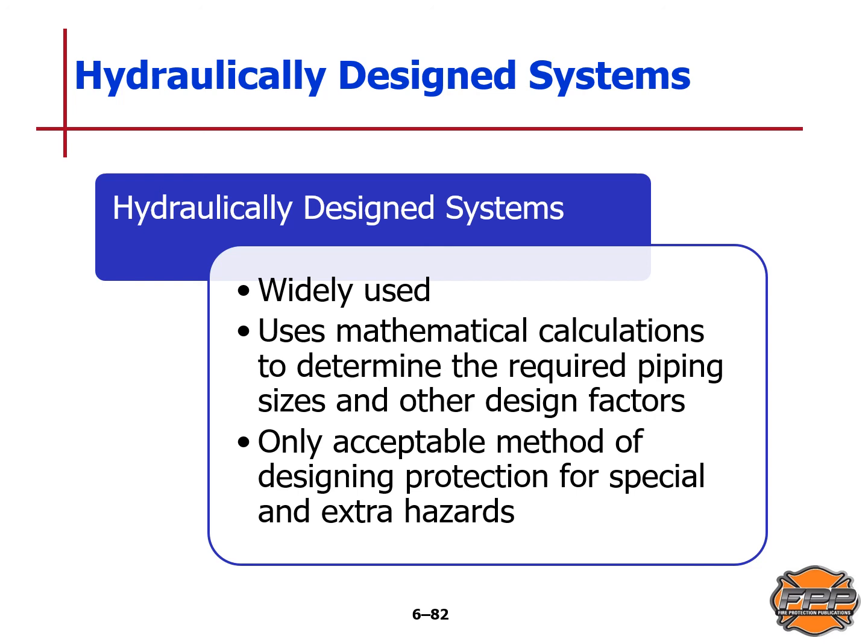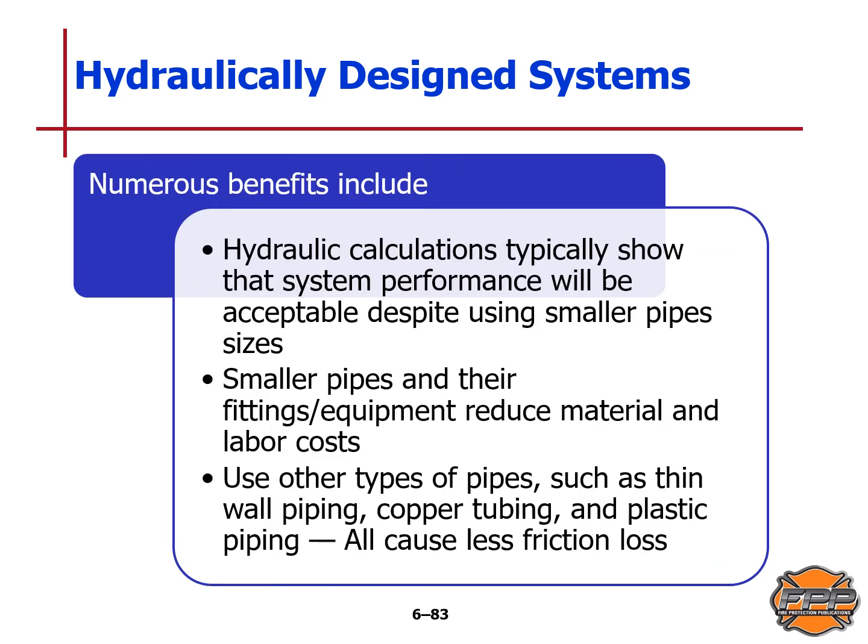So the pipe schedule system does not apply to, for instance, a facility where you have oxygen stored in canisters. There are numerous benefits to the hydraulically designed system, including that hydraulic calculations typically show that system performance will be acceptable despite using smaller pipe sizes. And also smaller pipes and their fittings and equipment reduce material and labor costs.